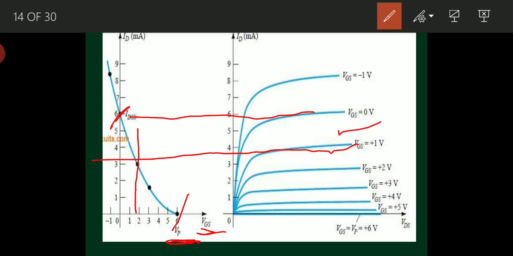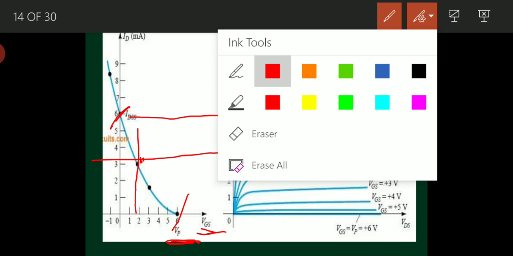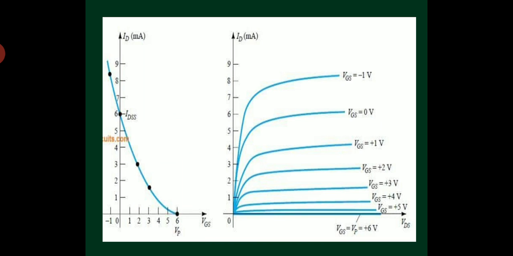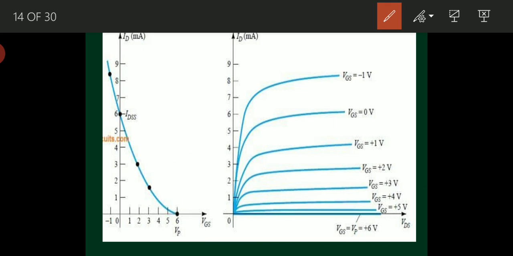The point where both lines intersect is the locus point. For VGS equal to 2 volts, I have to draw on 2 volts here. The intersection point which we get is the point we have to plot on the VGS versus ID curve.